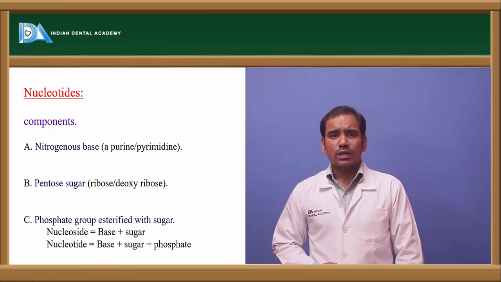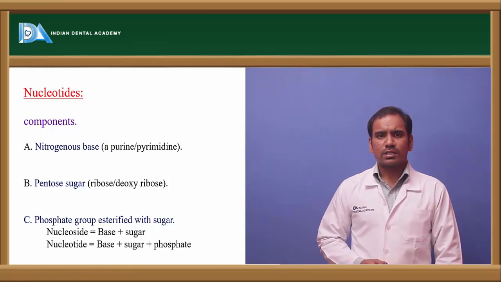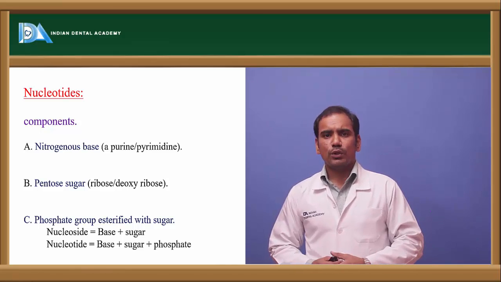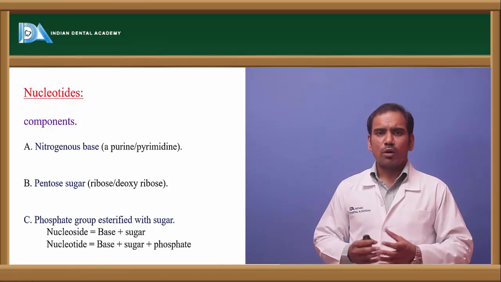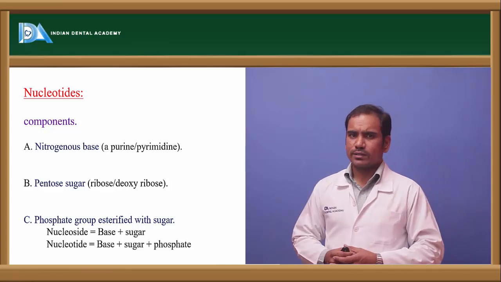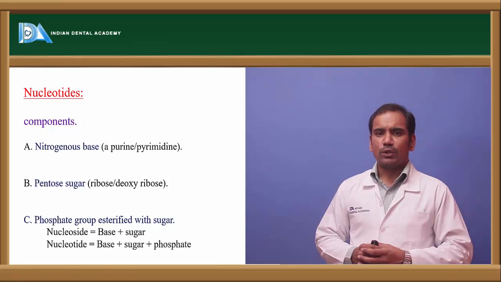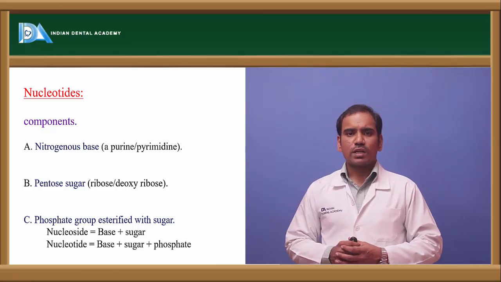Coming to nucleotides. We discussed that nucleic acids are the polymers of nucleotides. So what is the composition of nucleotides? Nucleotides have a nitrogenous base, a pentose sugar, and phosphate groups.